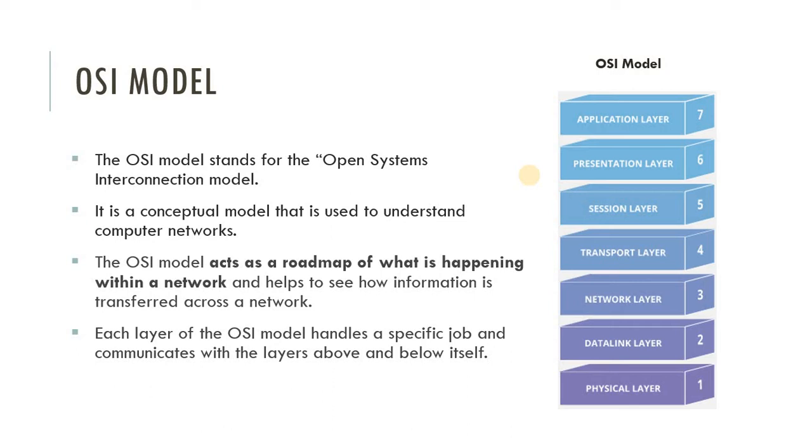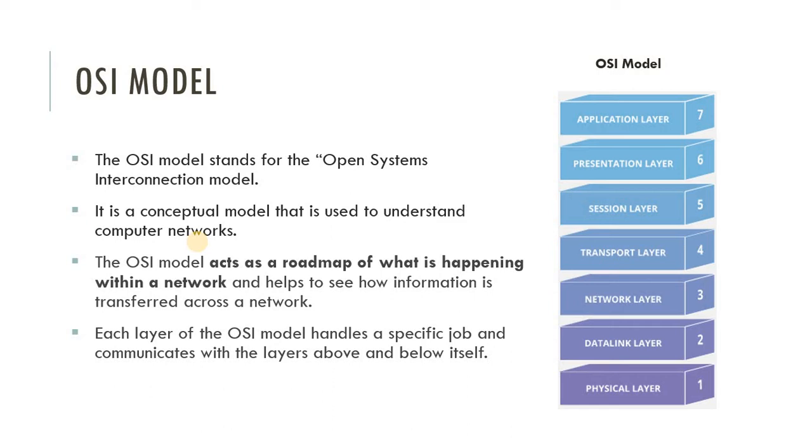Each layer of the OSI model handles a specific job and communicates with the layers above and below itself. Here we can see one reference OSI model which has 7 layers. So OSI is a reference model for any networking system. If you want to learn deep into networking, then the must-learn thing is the OSI model.